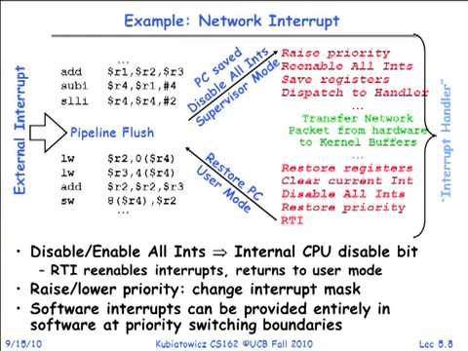Yeah. So once you do your pipeline flush and you disable all interrupts, you raise the priority, and then can you actually get interrupted by a higher priority interrupt? So one notion of raising priority would be just disable all interrupts. But the reason you might have priorities is because certain things might be more important than others.